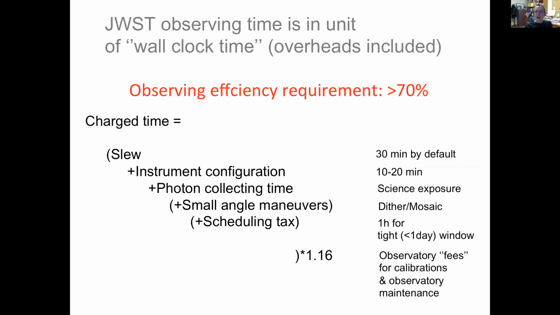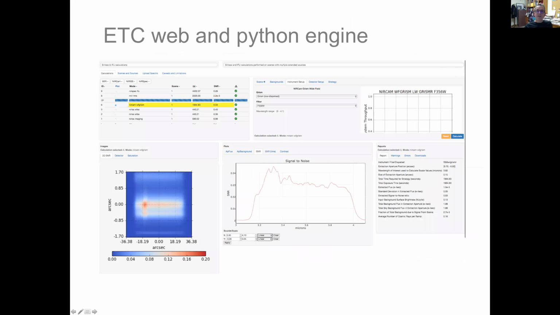But of course, all that you don't have to calculate yourself, and the APT tool will give you all these details. So this is just a screenshot of the ETC, which you can operate either from the web or as part of a Python engine.